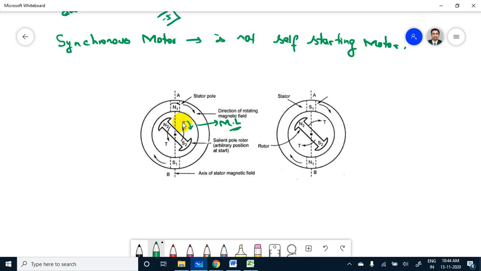Based upon this rotation, the torque will be produced. T is nothing but torque. Torque is produced on the rotor side. Any doubts?